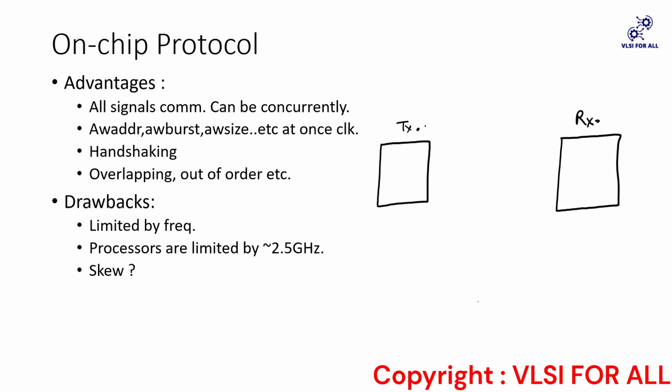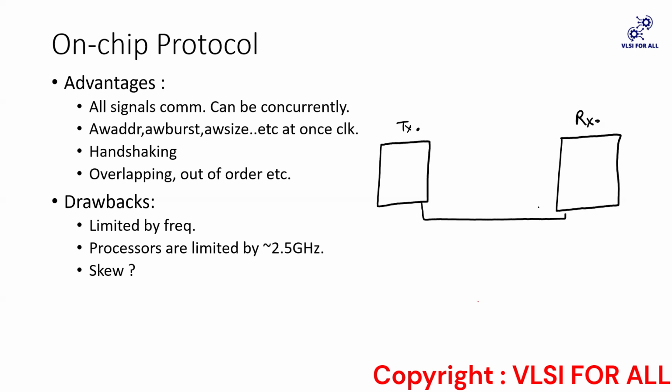So we can have multiple wires, and because they are on chip, we have to do floor planning also. Floor planning requires some planning, definitely. So where we are putting these wires, we need to opt for some path. Let's consider there are three signals A, B, C, or S1, S2, S3. Signal 1, signal 2, signal 3.